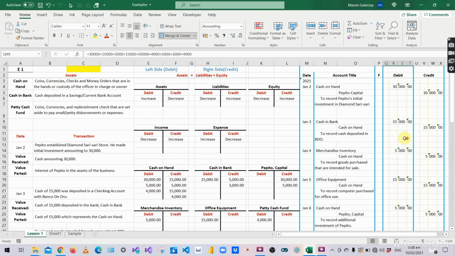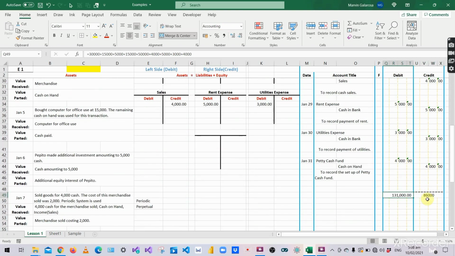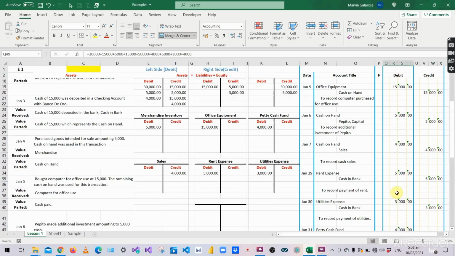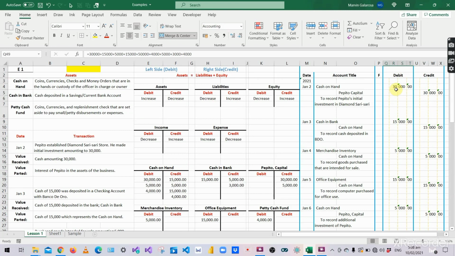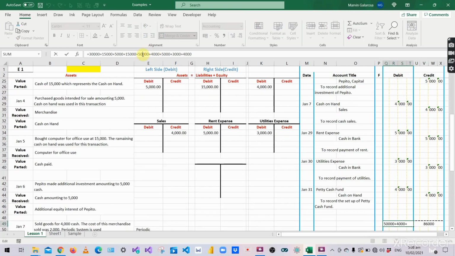Baka dito tayo nagkamali. 30,000 plus 15,000 plus 5,000 and then plus 15,000. Tama. Plus sa January 6, 5,000. Ayun yung mali. Instead na 50,000, dapat 5,000 to. Ang nalagay natin kanina is 50,000.